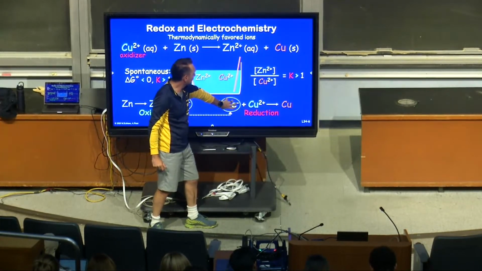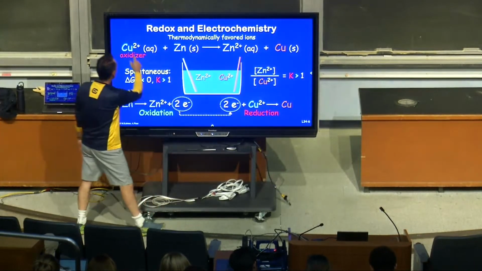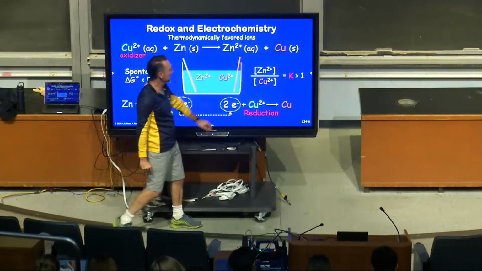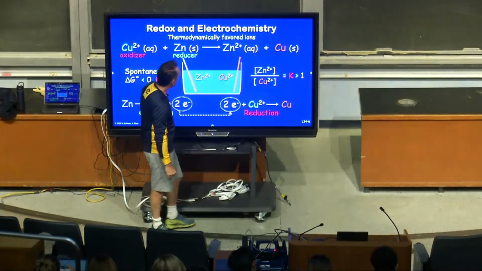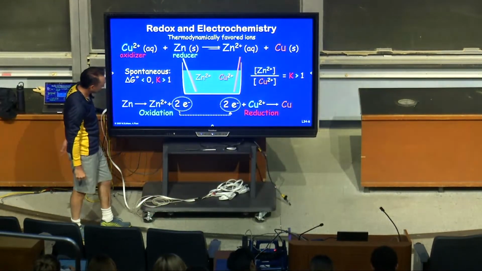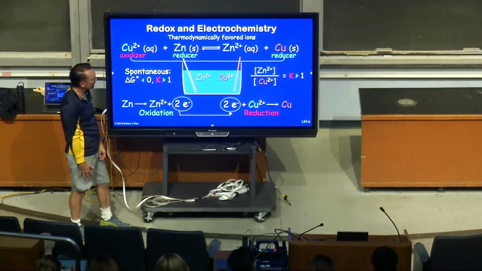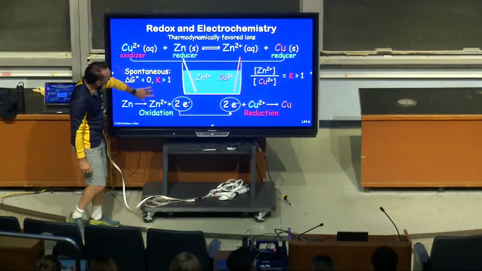So it's pulling electrons off of something. So the copper ion itself is called an oxidizer because it gets reduced. So there's all that verbiage to keep track of, unfortunately. I'll tell you, on the exam, you're not going to have to keep track of the verbiage. I'll show you what you need to do on the exam in a second here.